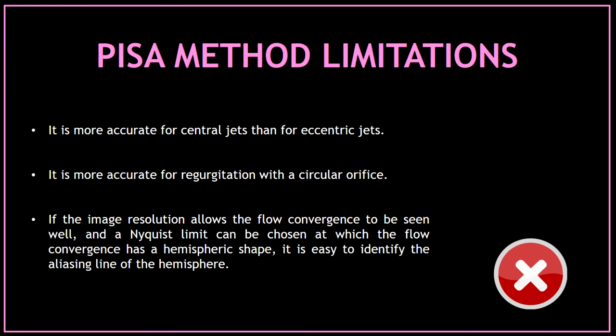The PISA method is more accurate for central jets than for eccentric jets. It is also more accurate for regurgitation with a circular orifice. And if the image resolution allows the flow convergence to be seen well, and the Nyquist limit can be chosen at which the flow convergence has a hemispheric shape, it is easy to identify the aliasing line of the hemisphere.